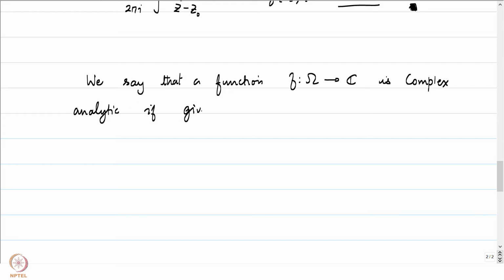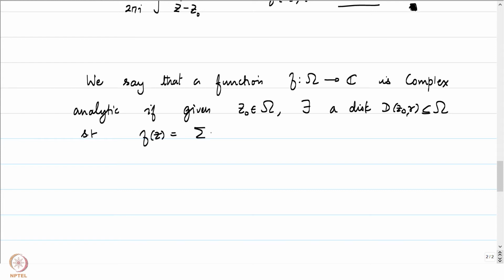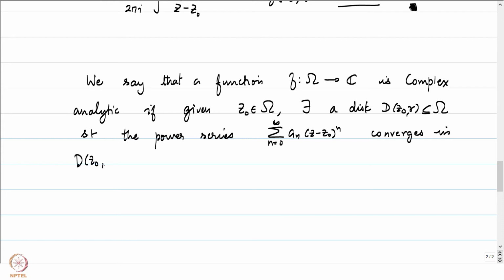That is, given z0 in omega, there exists a disk D(z0, r) contained in omega such that f of z is equal to the power series summation a n times z minus z0 to the power n, and this power series converges in the disk D(z0, r) to the function f.